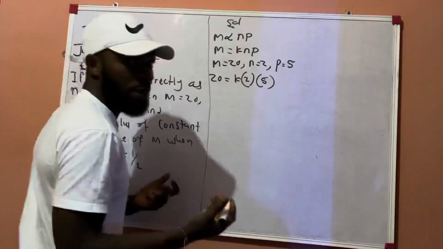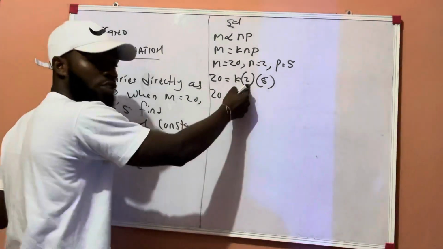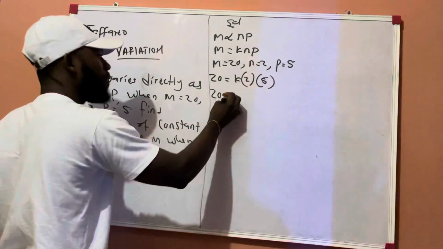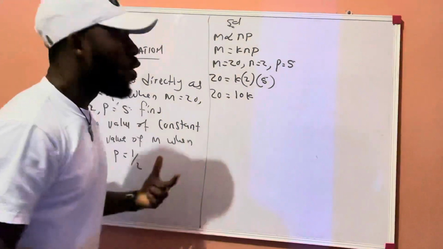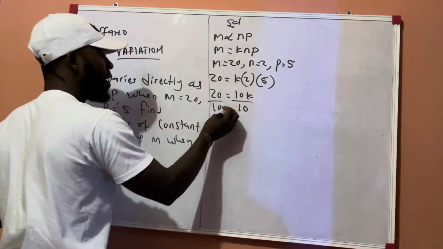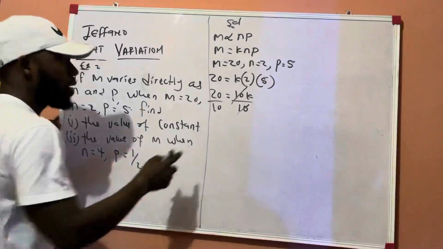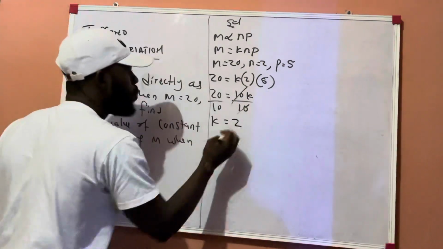Okay, now let us open the brackets. Here becomes 20 is equal to K times 2 gives us 2K, and 2K times 5 gives us 10K. Now, when we are looking for the value of K, we divide both sides by 10. Over 10, over 10. Now, when 10 cancels out 10, what do we have left? K is equal to 20 divided by 10, will give us 2.